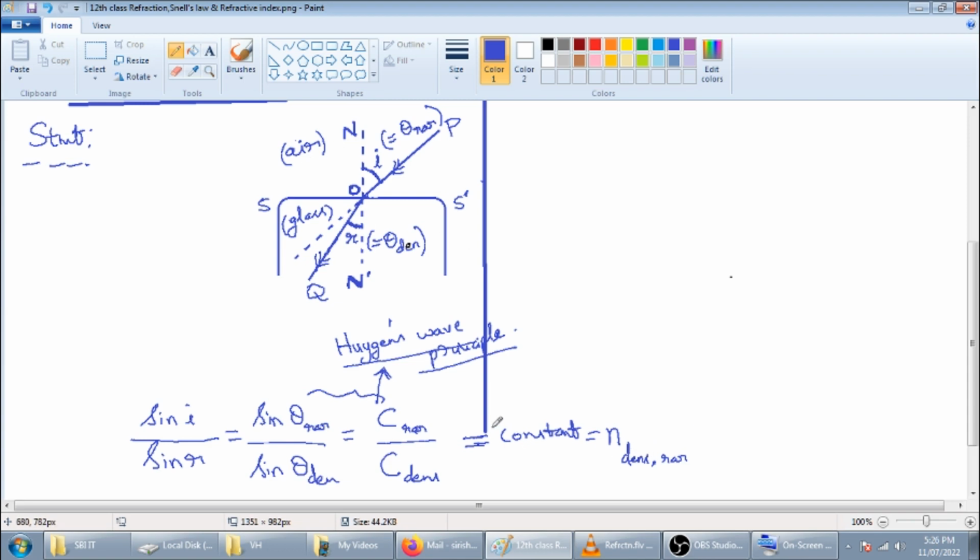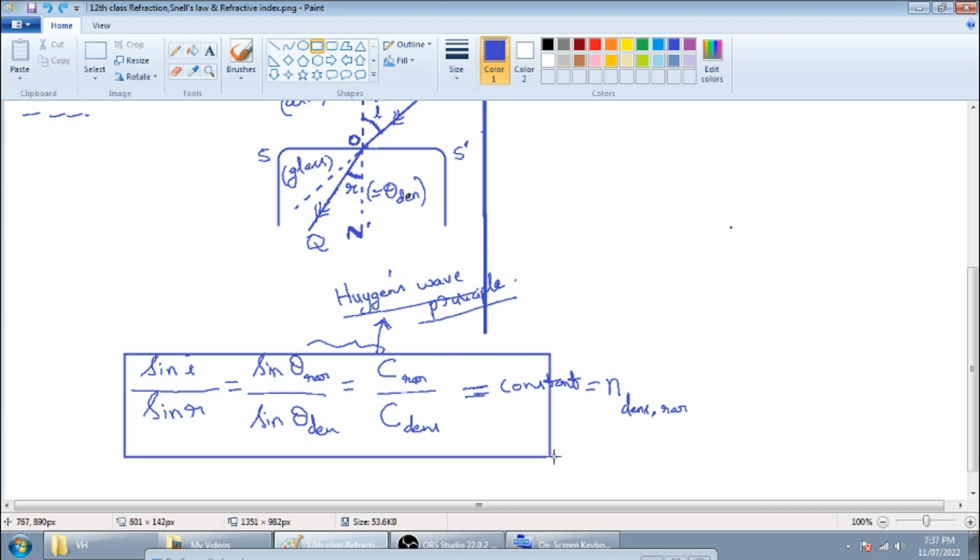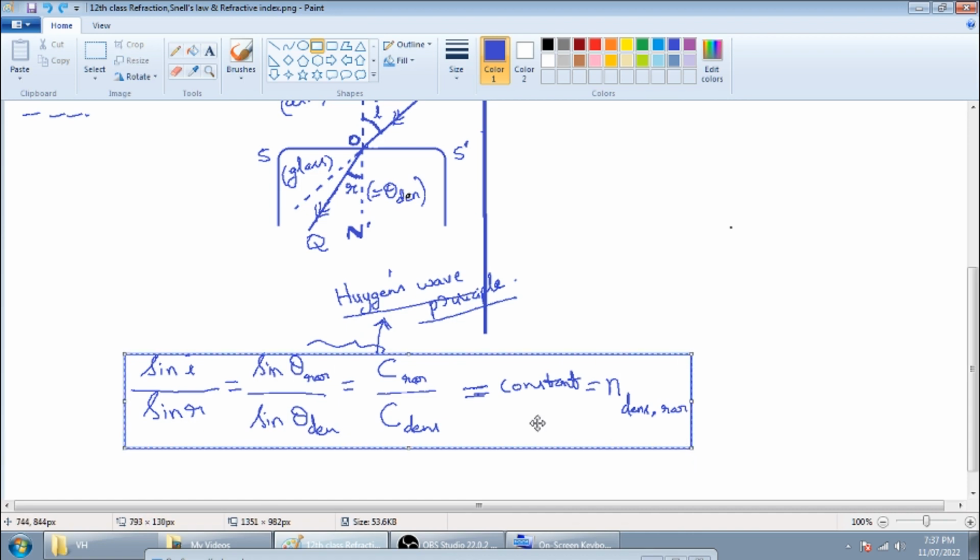Nowhere is any complication there. So as the equation is very important, I'll just draw a box for the entire equation. It's a very big equation. So for the entire equation I'm drawing a box so that the equation will be very clear. So a very important equation to be remembered.